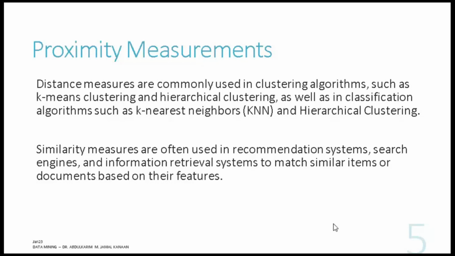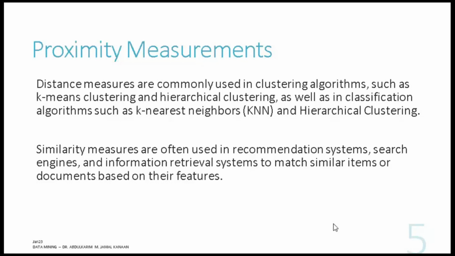We're going to talk about the k-means algorithm when we move to the topic of clustering, and hierarchical clustering as well, as well as in classification algorithms such as k-nearest neighbor. We're also going to talk about k-nearest neighbor as one of the algorithms applied for classification. So k-means for clustering, k-nearest neighbor for classification.